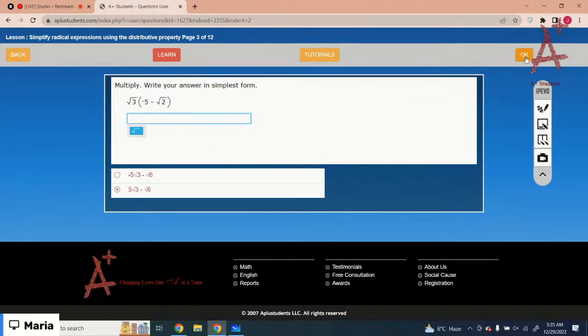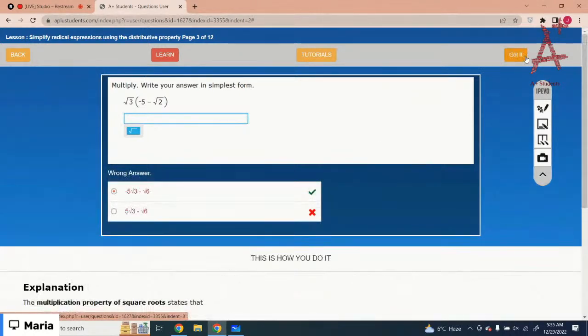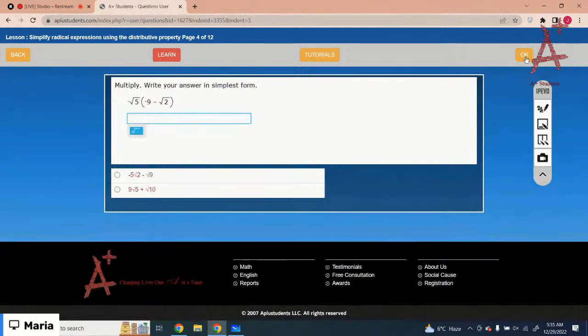Second option is the correct one. First one, oh yes, we have negative 5. So first option is the correct one. Okay, then which of the option is the correct one?